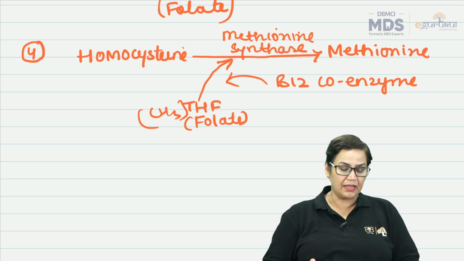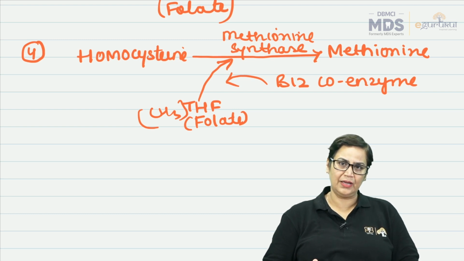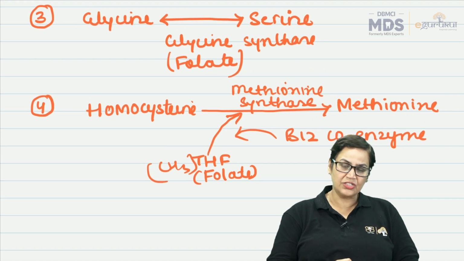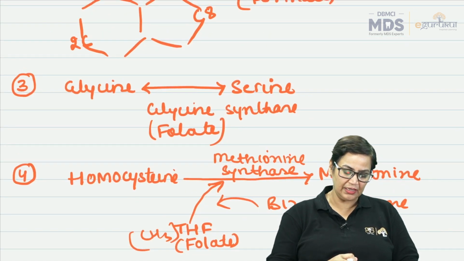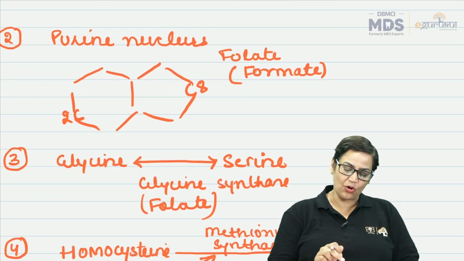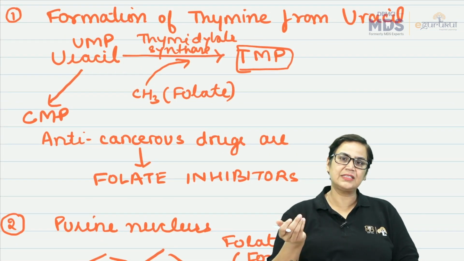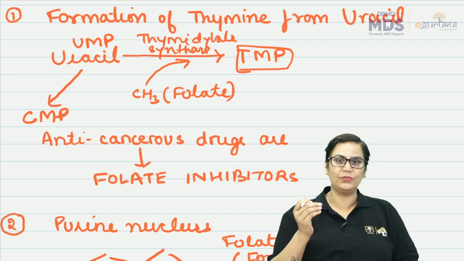So these are the 4 very, very important reactions in which folic acid is required. You can see conversion of homocysteine to methionine, conversion of glycine to serine, C2 and C8 of the purine nucleus, and the synthesis of thymine from uracil.